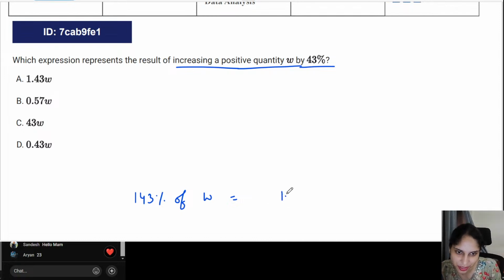So that is 1.43 W. This is the answer. It's not going to be 0.43 W, because it is increasing by, it is not 43% of W. And because we're not reducing, this is not going to be 0.57. Got it? So whenever you're increasing by, you have to add it to 100%.